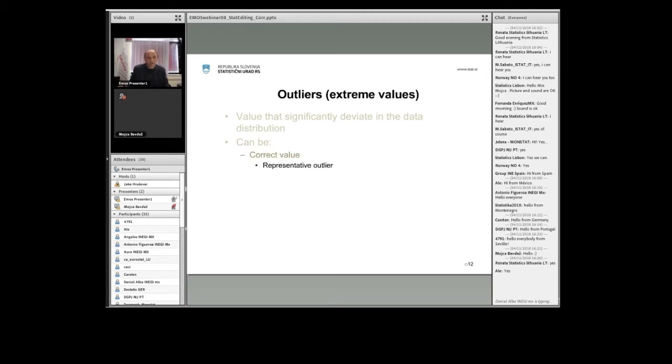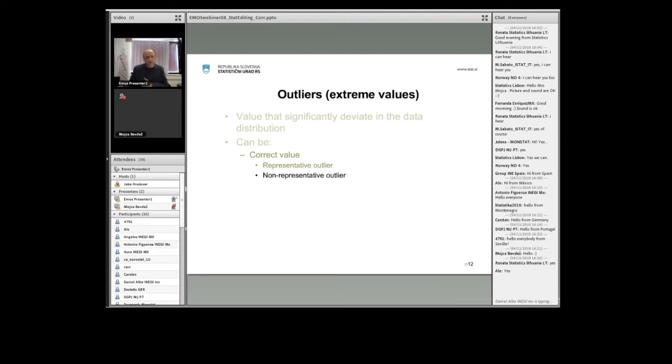And even if it's correct, there are still two options. One is that this outlier is a representative outlier. So this means that if you have a sample, it can represent as many outliers as your sample weight is. Or the other option is that it's a non-representative outlier. So it's one of a kind, let's say.